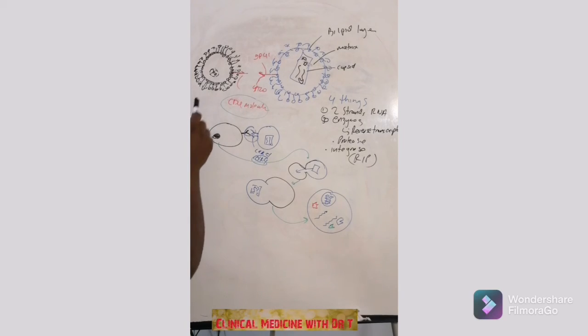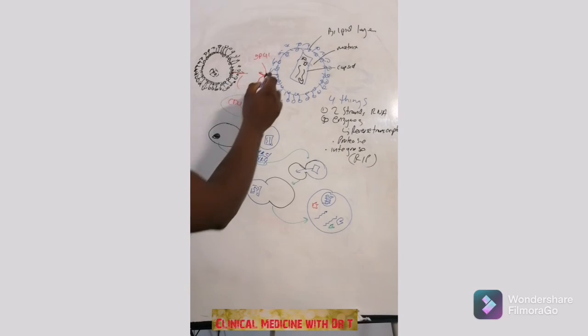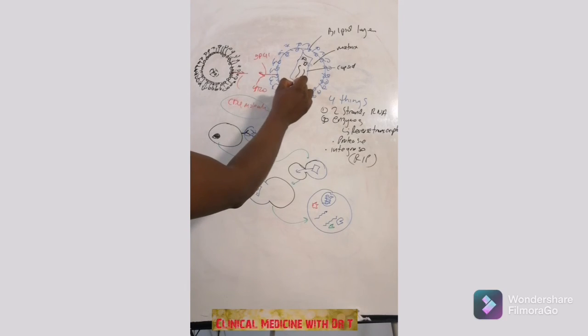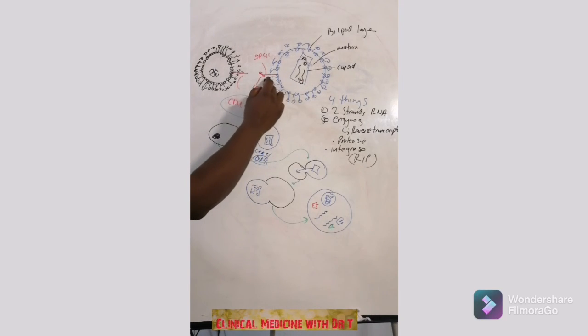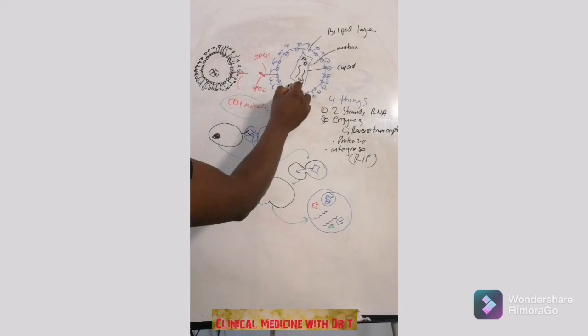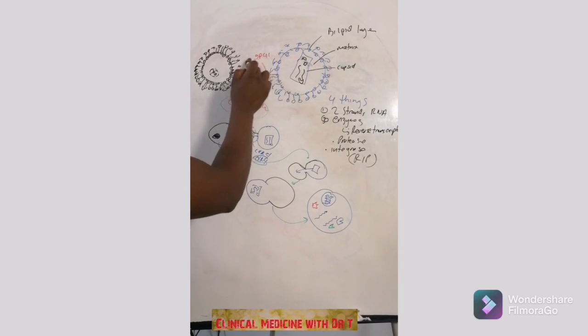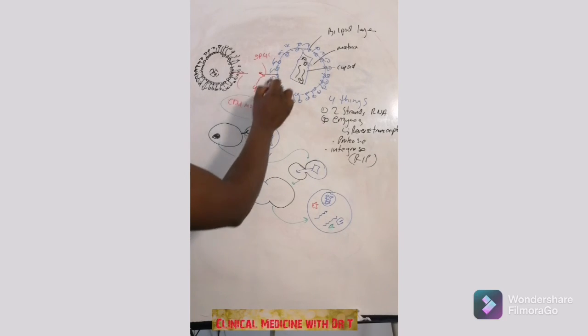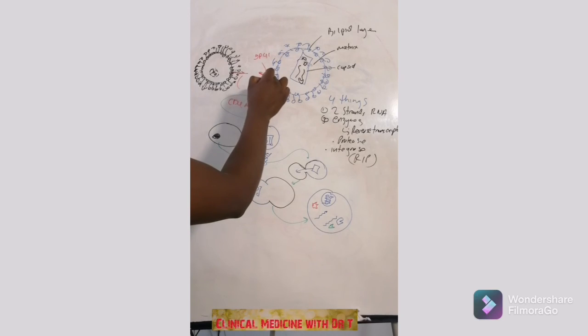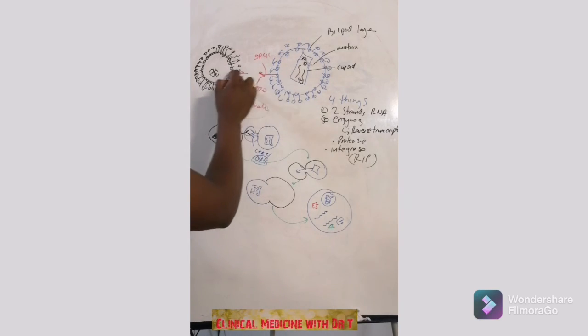So on the lymphocyte, you've got CD4 receptors which interact with the GP120 of the virus, and also the GP41 of the virus. That interaction between those molecules brings these two together.